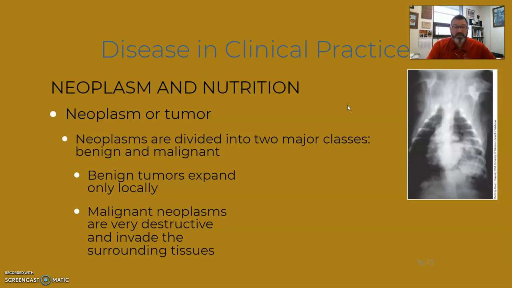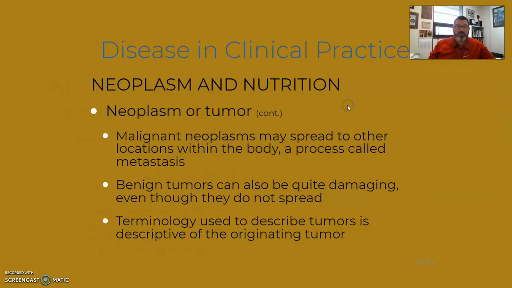Or malignant neoplasms are extremely, extremely destructive and invade not only the surrounding tissue but can spread throughout the body relatively rapidly at different times. So be aware of those problems, of course. Benign tumors, again, even though they can be quite damaging, oftentimes don't spread, like I mentioned. And so understand that the terminology is descriptive to the origination of the tumor and how it is predicted that it may affect your animal, and therefore would dictate a lot how you treat them.